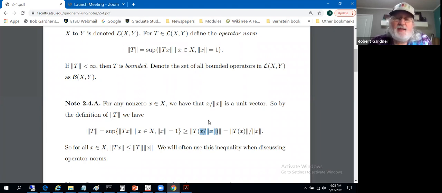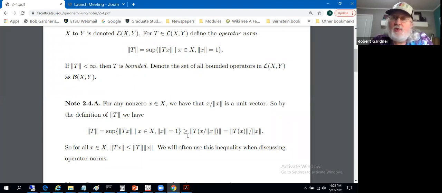So simply the fact that a particular element of a set is less than or equal to the supremum of the set. We bring this up because we got a scalar multiple of x. You can bring that scalar outside the transformation because it's a linear transformation, and you can bring that scalar 1 over the norm of x outside of the norm as an absolute value.